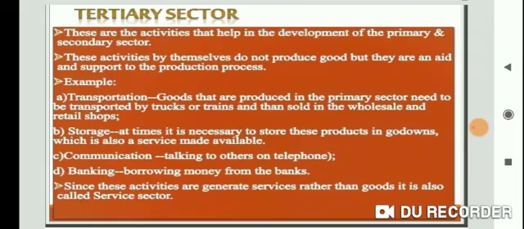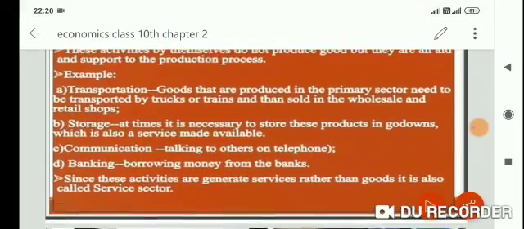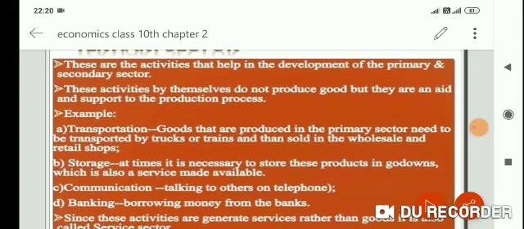Now see in this picture: personal service, IT service, insurance, examples of the tertiary sector, banking and finance. Students, there are so many examples.